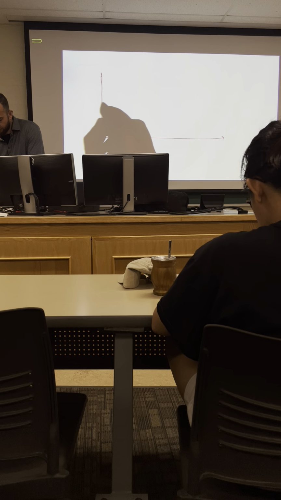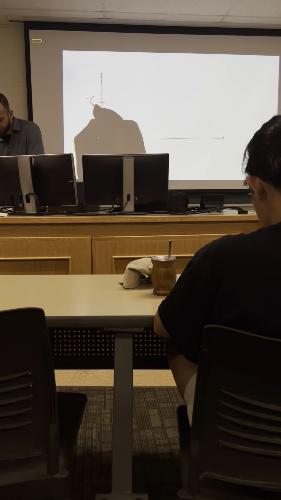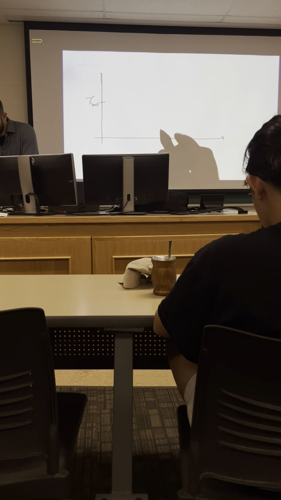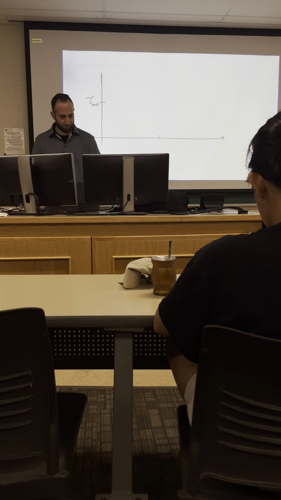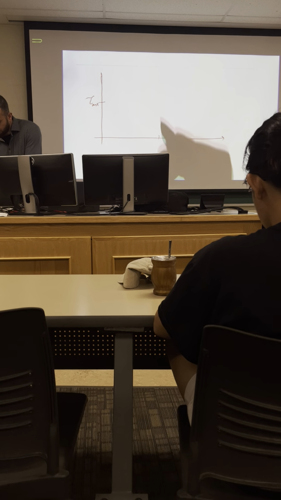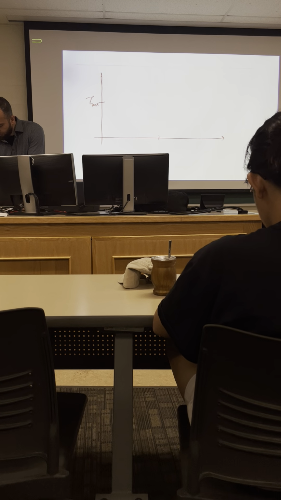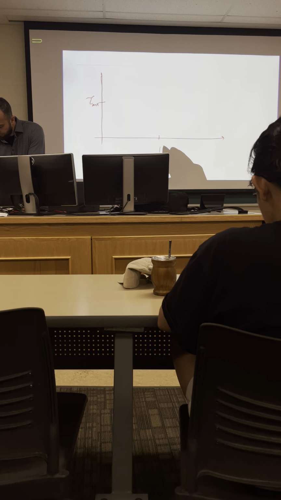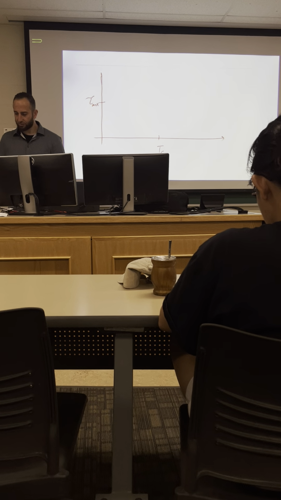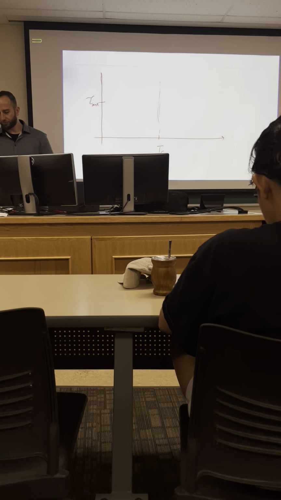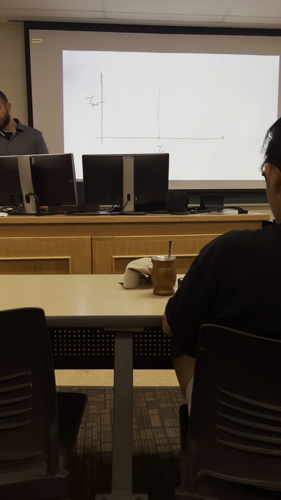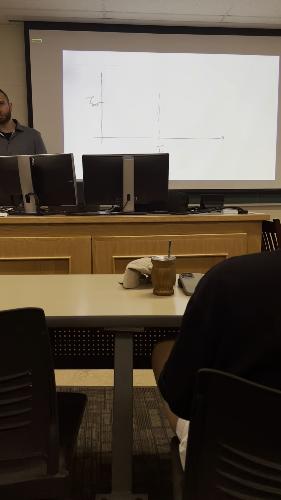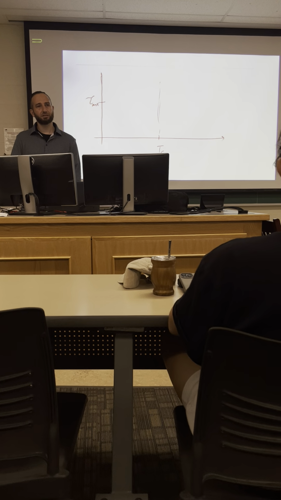I can have, this is tau, right, or tau max, and this is TC, right? Okay, so for example, if I have a symbol duration smaller than TC, okay?